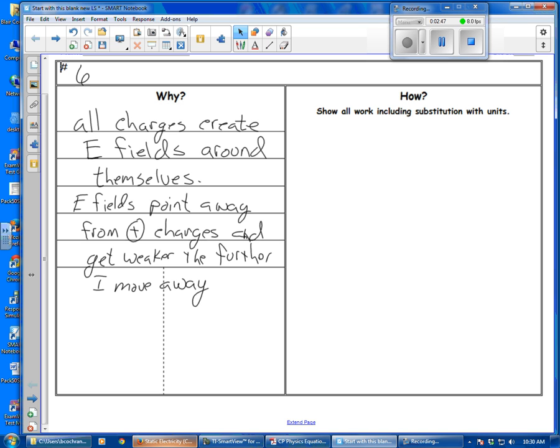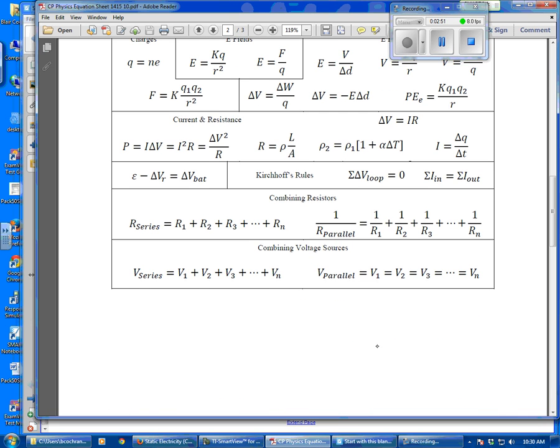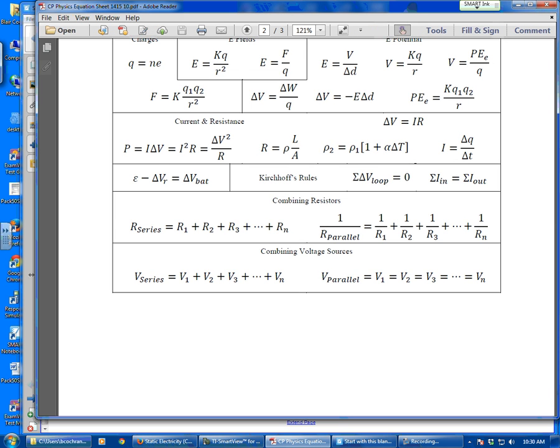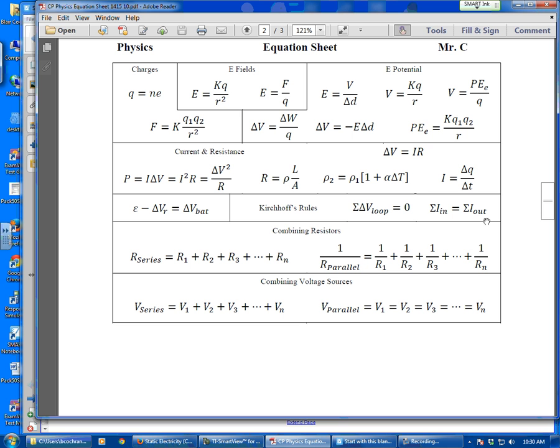No? Good. Alrighty. So grabbing our equation sheet, I'm going to turn to the second page of it. I'm looking at my E field area of the equation sheet, and I've got 2 equations in it.